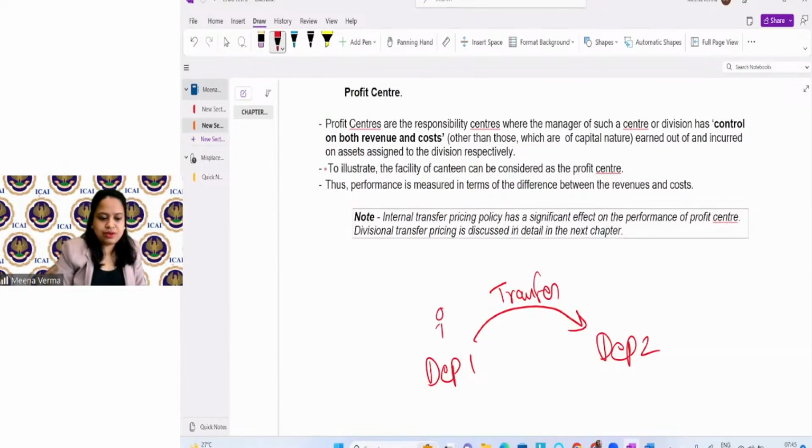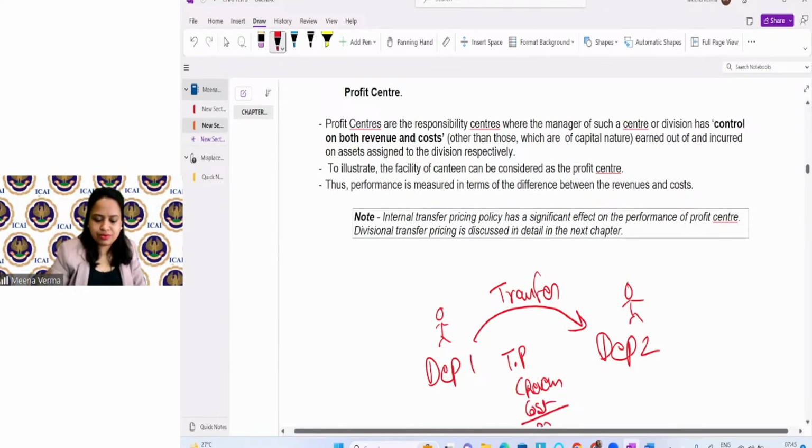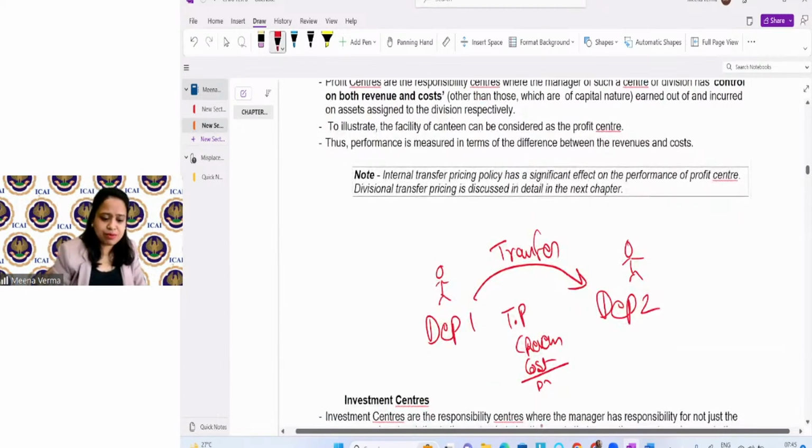So what will happen? The manager will see when they are transferring the goods from one department to another department, at whatever the price they are transferring the goods, that will be transfer price. It will give the revenue to them, right? Revenue. And they are incurring the cost, right? So this will give them profit, right?